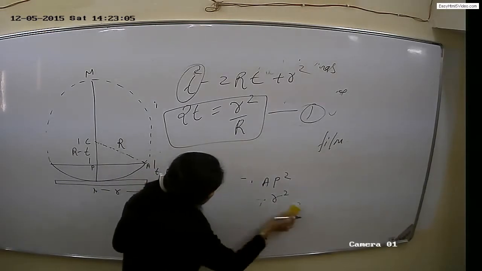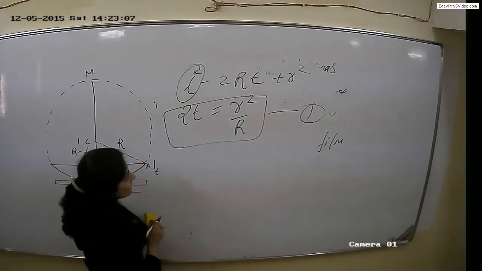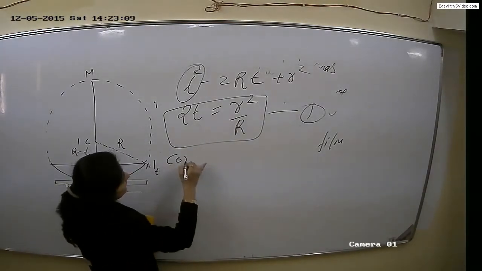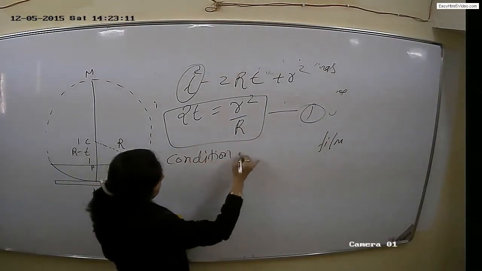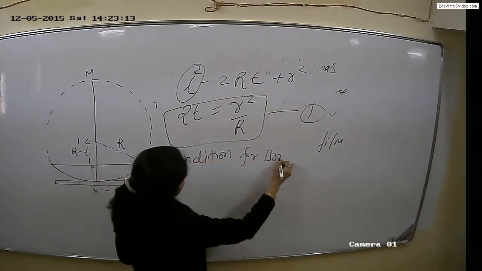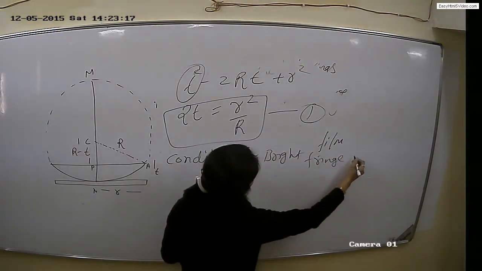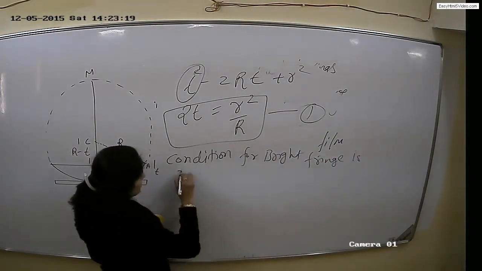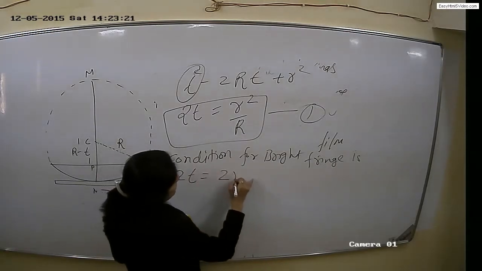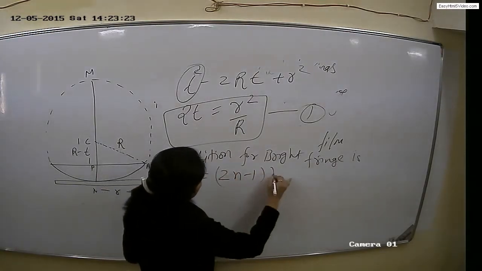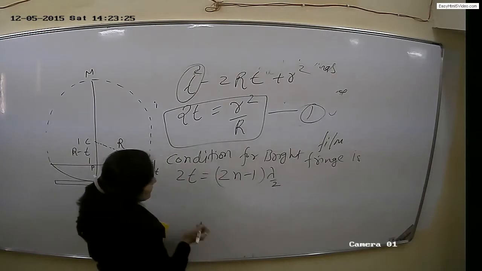Now we know that the condition for bright fringe is 2t equal to (2n minus 1) lambda by 2.